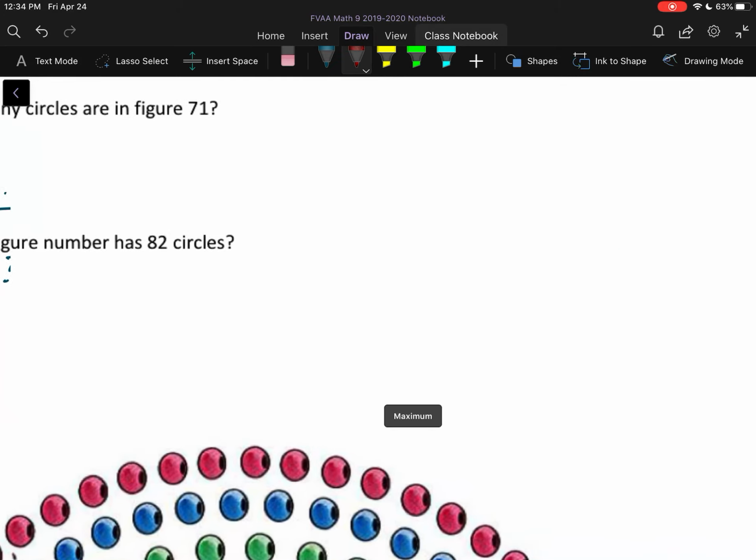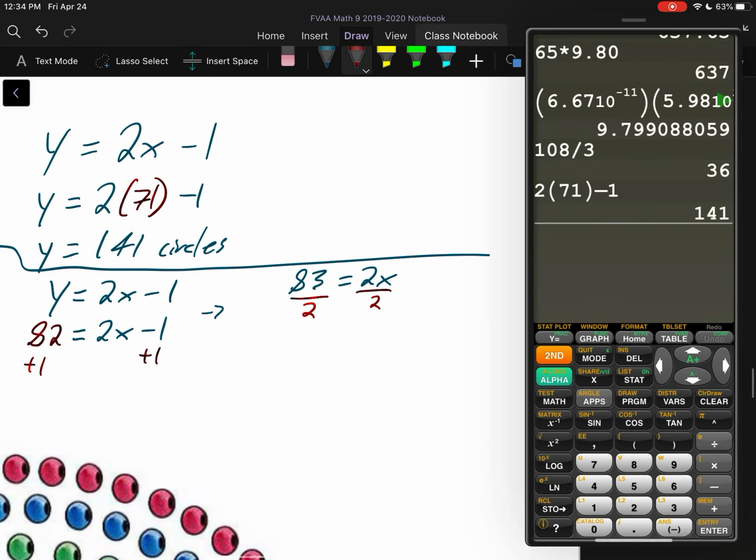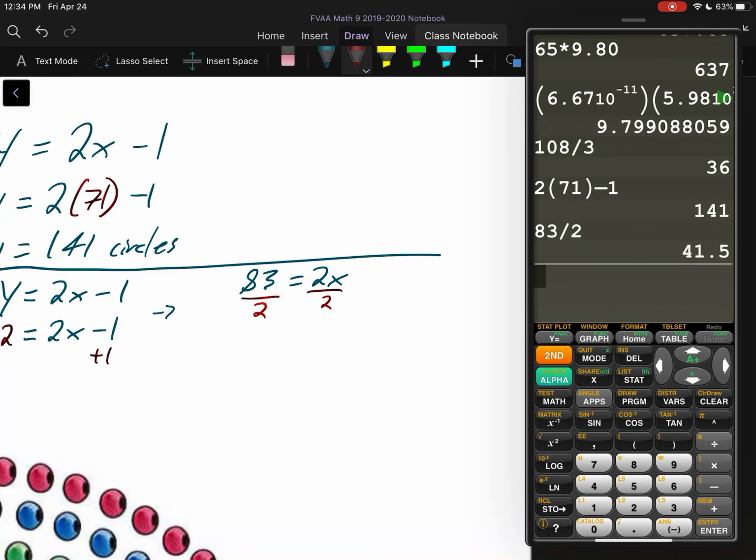And then algebra again: first I've got to deal with the minus 1, so I'm going to add 1 to both sides. That gives me 83 = 2x. Then divide by 2, divide by 2. Interesting. 83 divided by 2 gives me 41.5.